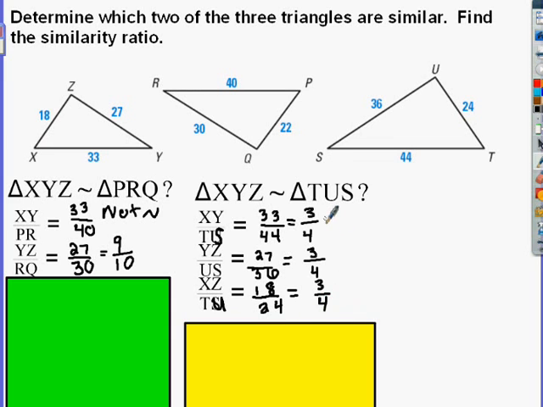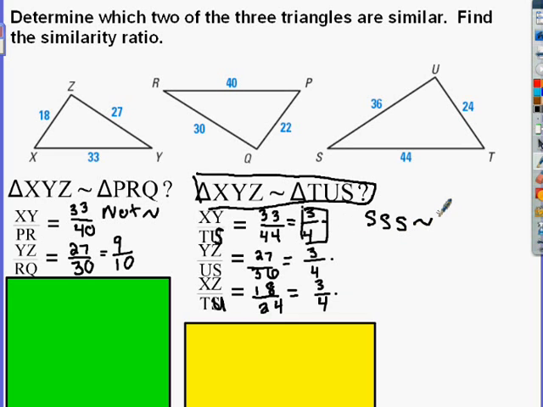So do you notice? 3/4, 3/4, 3/4. So what is my similarity ratio? 3/4. So I know that triangle XYZ is similar to triangle TUS. And the reason is side, side, side, similarity. And the similarity ratio is 3/4.